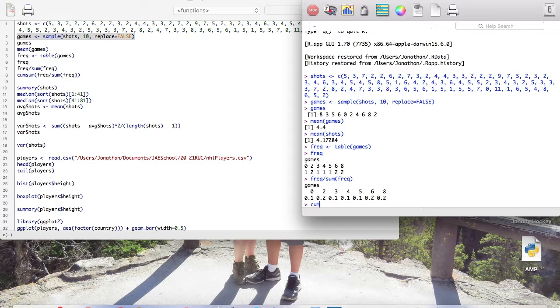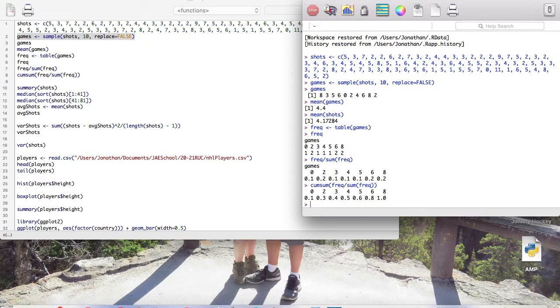We can also use a function for cumulative sum. What this one is doing is taking the line here and summing up every entry to the left.